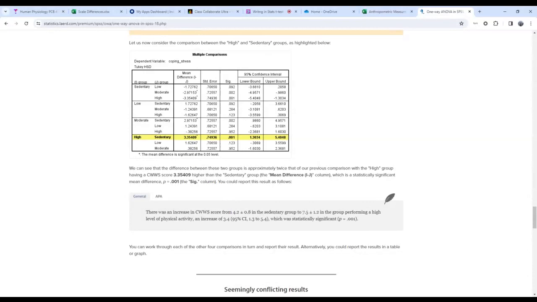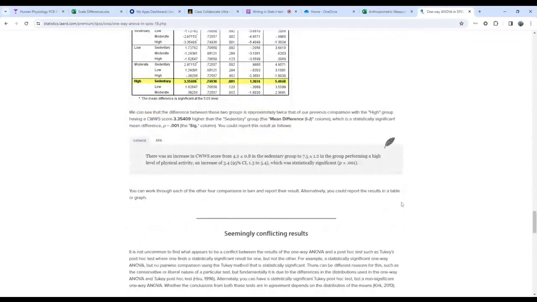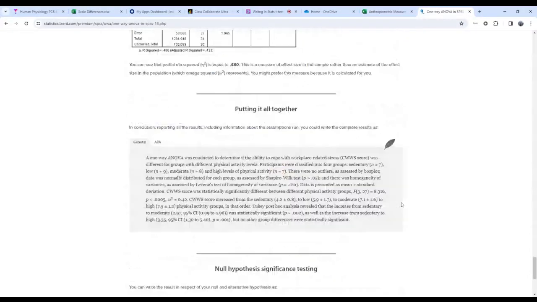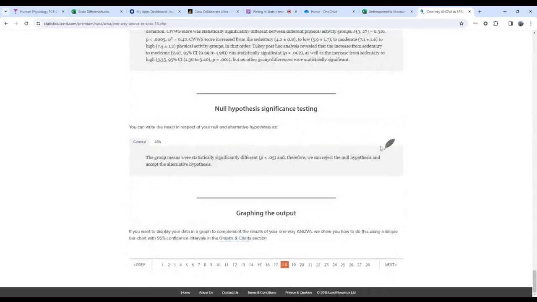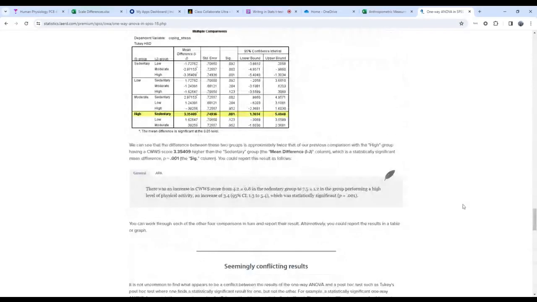That's the mean difference here. Confidence interval, that's this, which was statistically significant, p equals 0.001. And again, it goes down and it gets into more and more stuff. But that's the basic is when you're writing up the data, you want these.